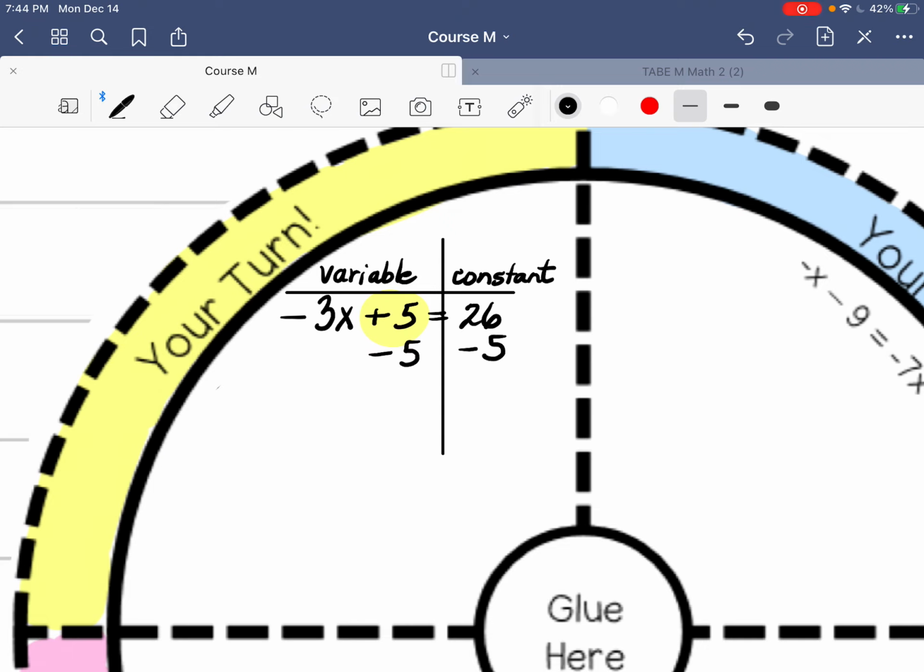You do the opposite of what's already there, and cancel. So you have negative 3x is 21, and then we're going to divide that coefficient out of there. Cancel, copy, x is negative 7. 21 divided by negative 3 is negative 7. And you can use your calculator to get that if you need to.